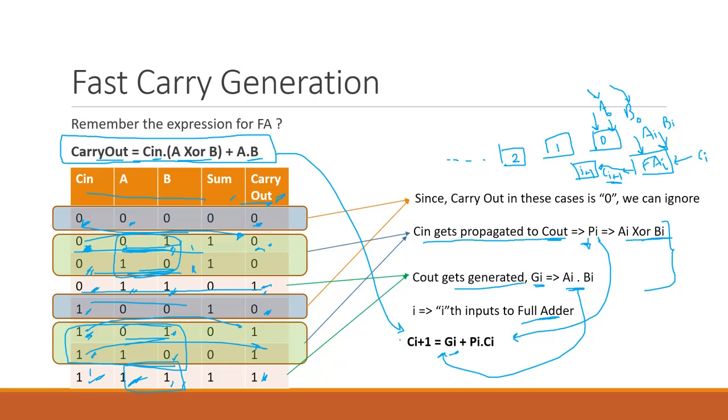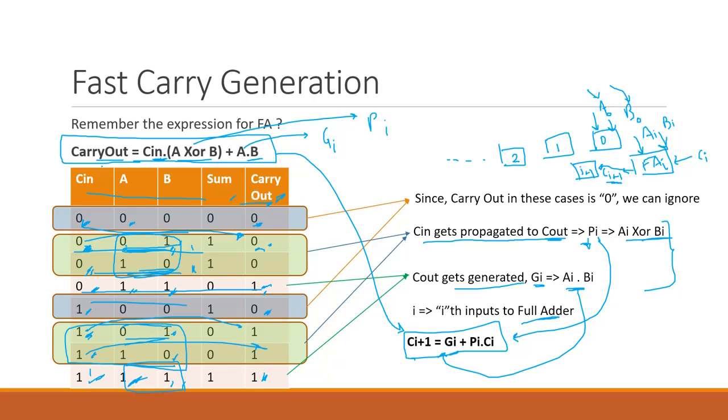Here, this is Gi, this is Pi, and this is Ci. The same thing we have written over here, but generalized for the ith full adder. So now we have reduced the expression for carry out.